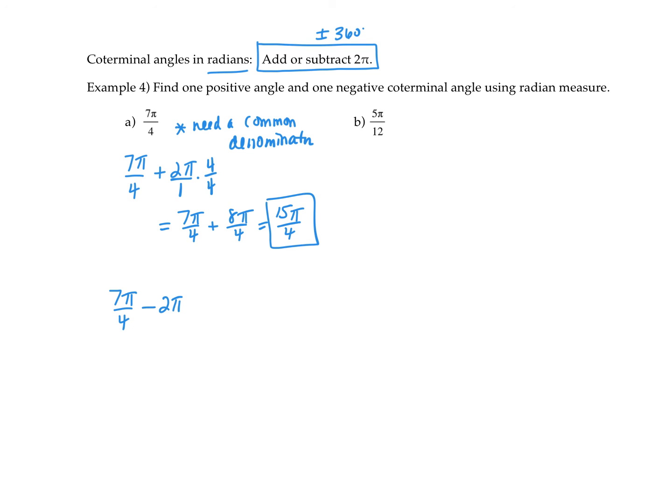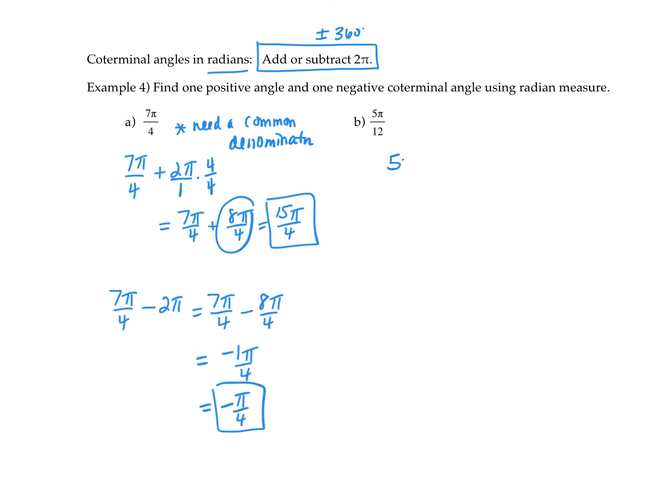Okay, we can save a little bit of time here. We've already found the LCD of 4, so take 7 pi over 4 minus that 8 pi over 4, because that's equivalent to 2 pi. And 7 pi over 4 minus 8 pi over 4 is negative 1 pi over 4. Or you could just write minus pi over 4. You don't need the 1 in there.